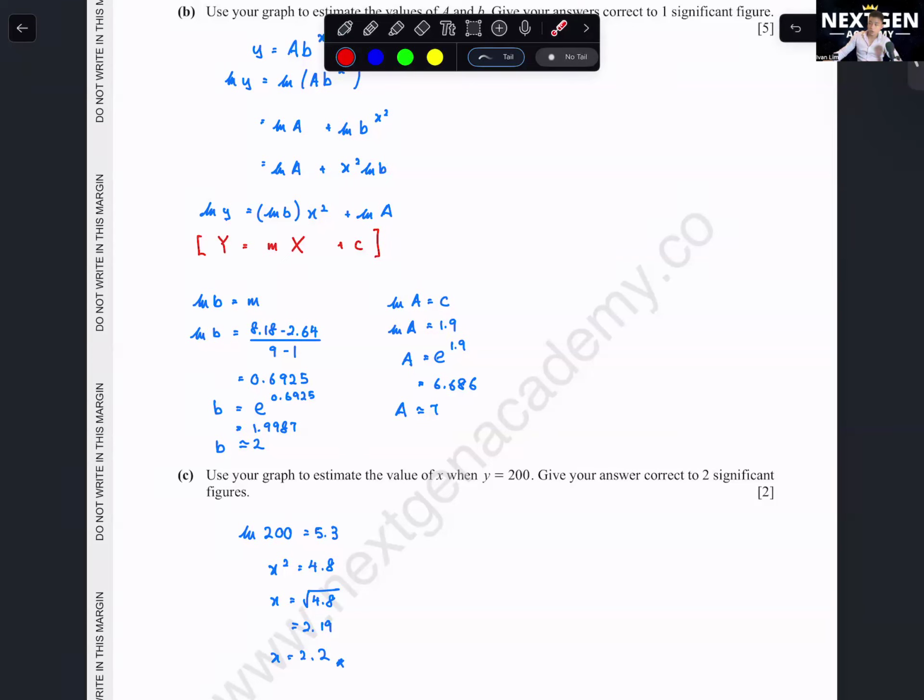No. They didn't say that the range or the domain is from 1, right? They just say those are the points that are given to you. So you need to extend your entire graph until you find the y-intercept. They never say the domain. It's just the table of values. So you have to extend all the way to find this value. Got it, Aurelia?